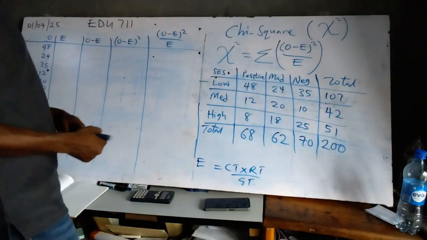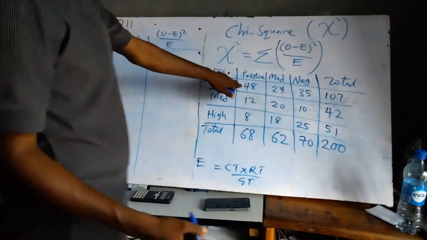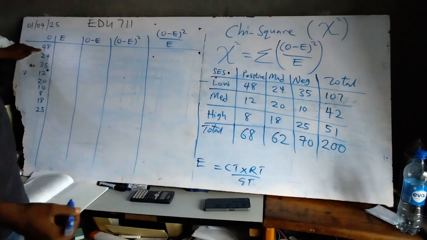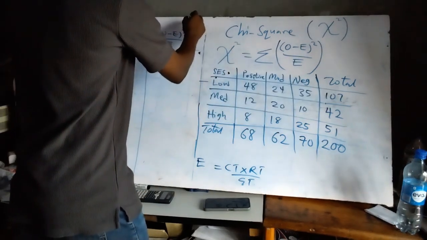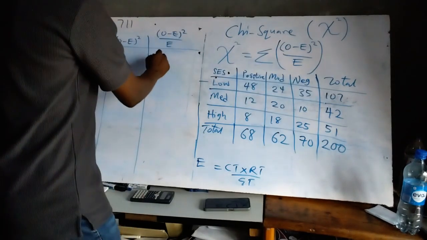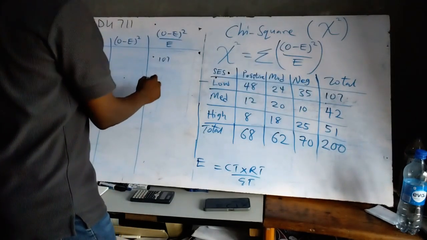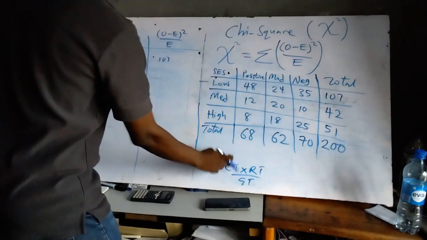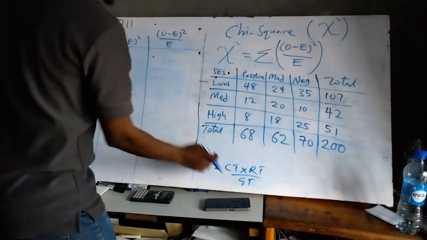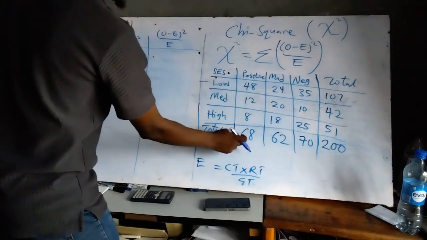So let's see. If we pick this 48, the row total is 107. So that will give us 107 times the column total. Let's start like it is written. Column total 68.